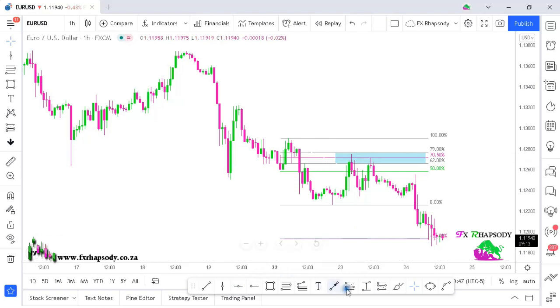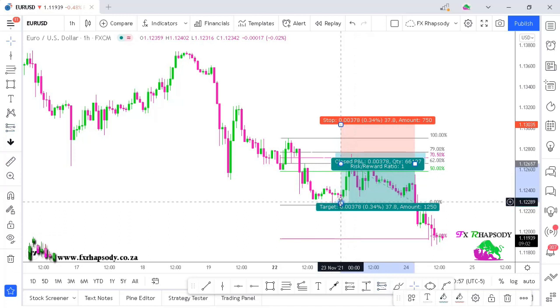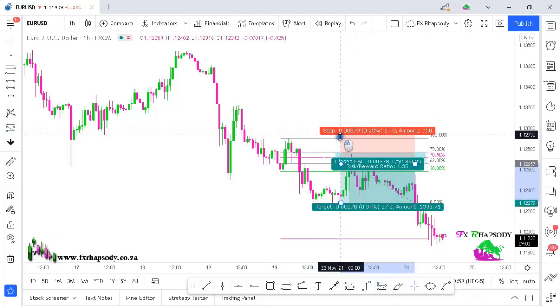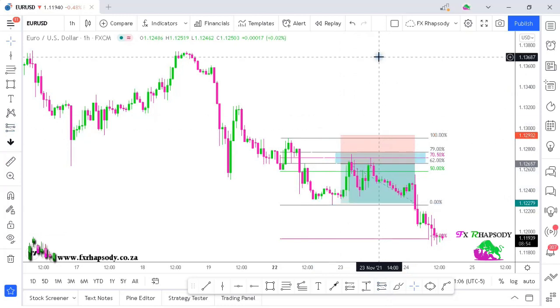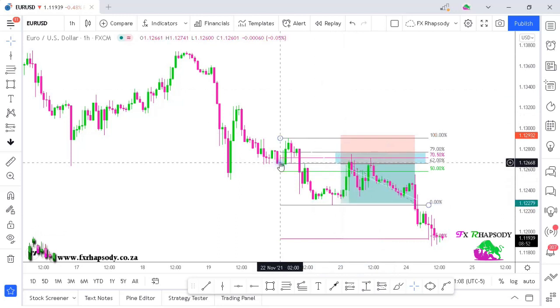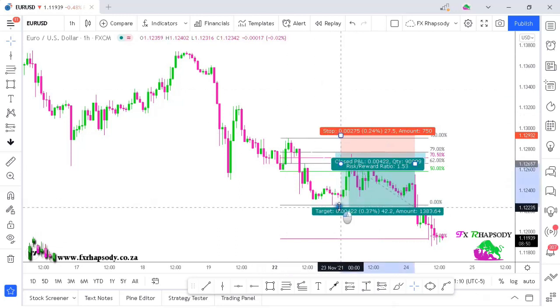So place your trade right on the 62%. That is what I do. And stop loss just above the 100. Okay. 27.5 pips stop loss. And first take profit will be 39, let's say 40 pips.